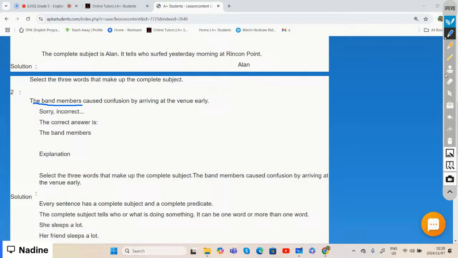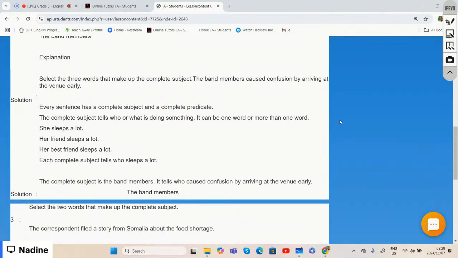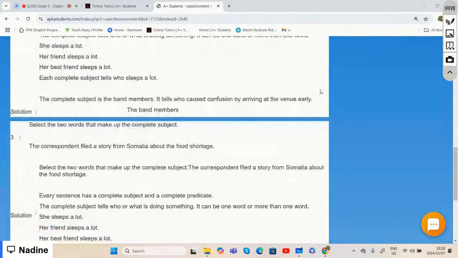All right. The next one, we need to select the completed subject within that sentence. It says, the correspondent filed a story from Somalia about the food shortage.